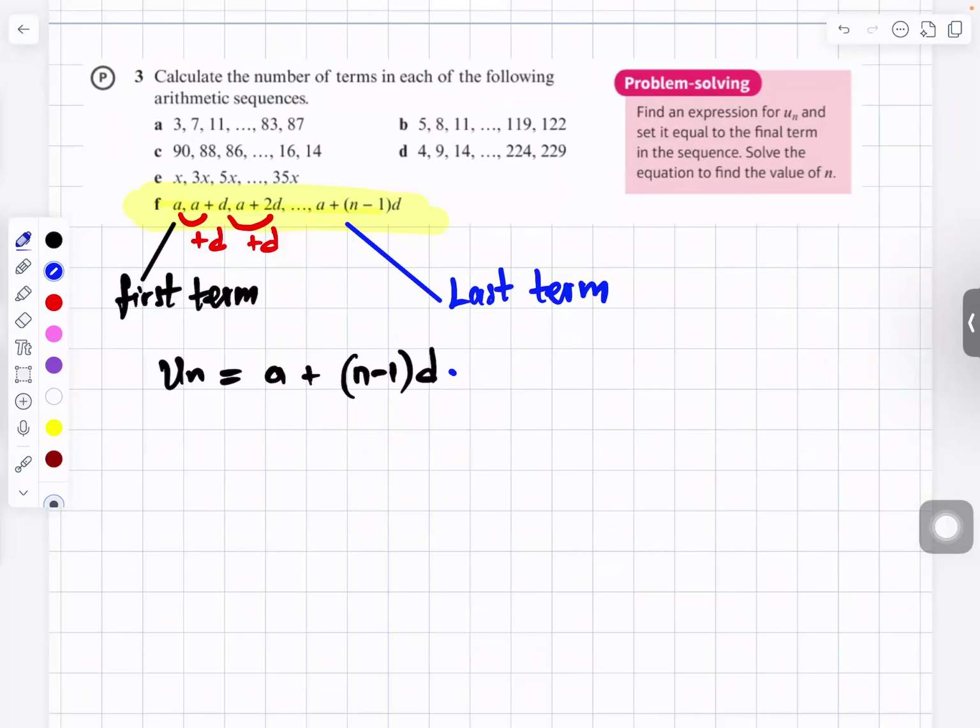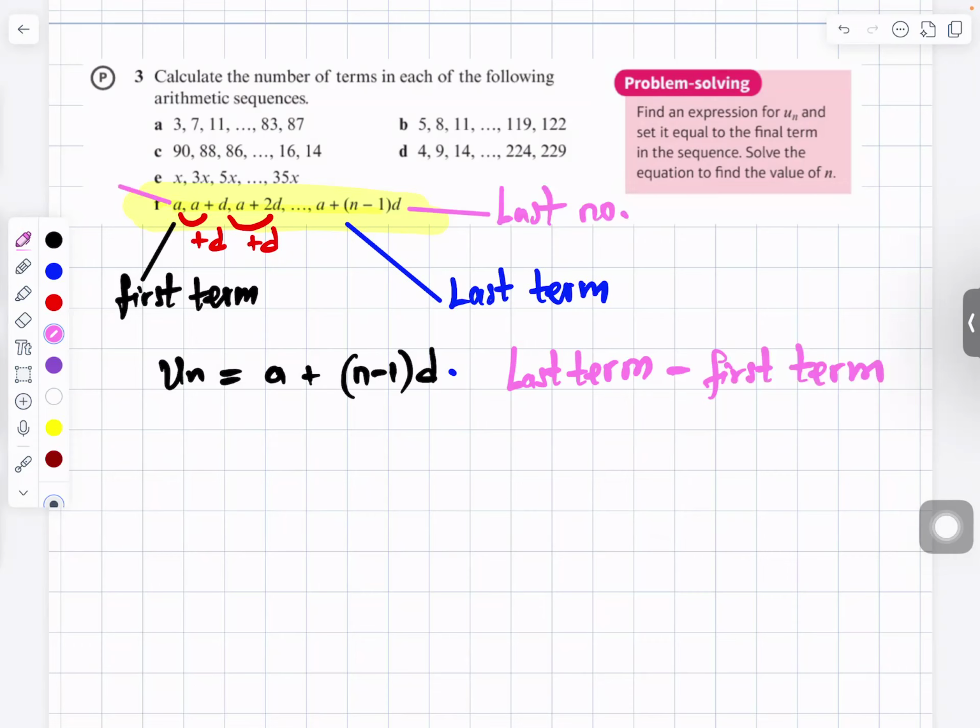Another way to think of it, you can say the last term minus the first one. So the last number minus the first number. So this n plus 1, think of it like the last number, although we'll call it a term because it's a formula.